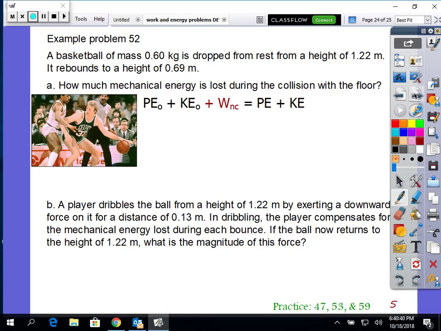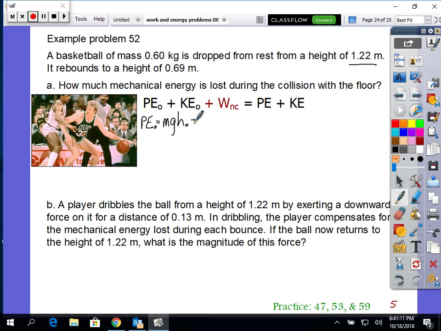And the last problem. A basketball of mass 0.6 kilograms is dropped from rest from a height of 1.22 meters and it rebounds to a height of 0.69 meters. How much mechanical energy is lost during the collision with the floor? So our initial potential energy is mgh naught, which is 1.22 meters.